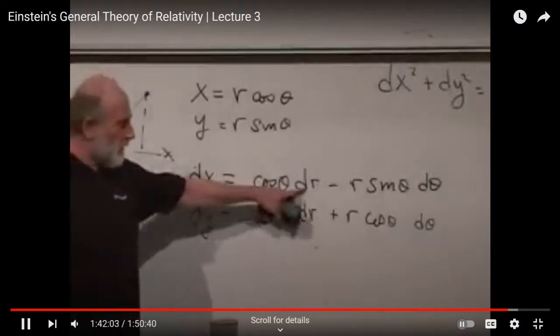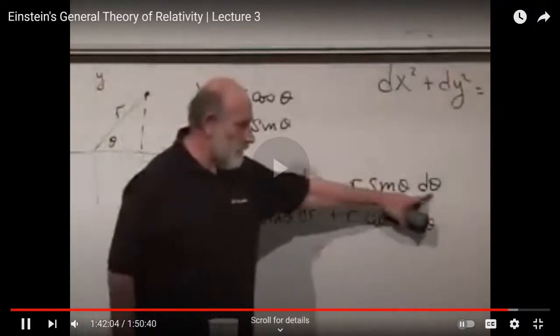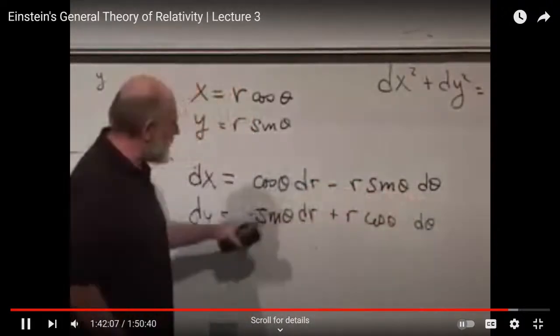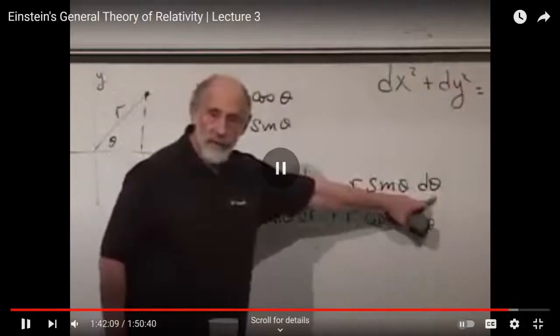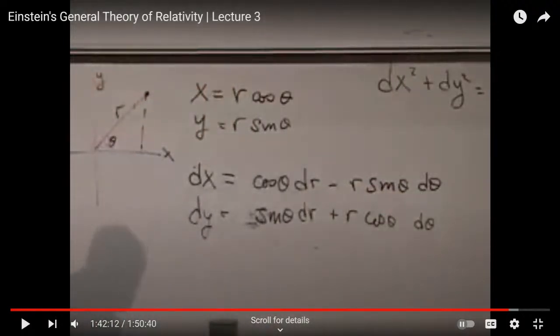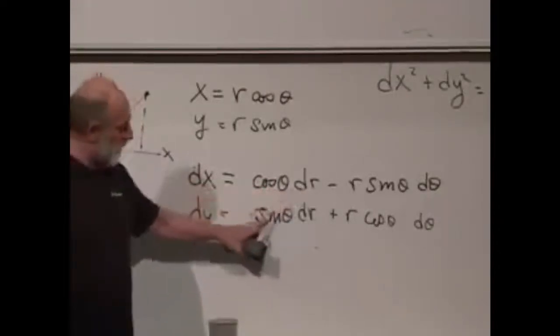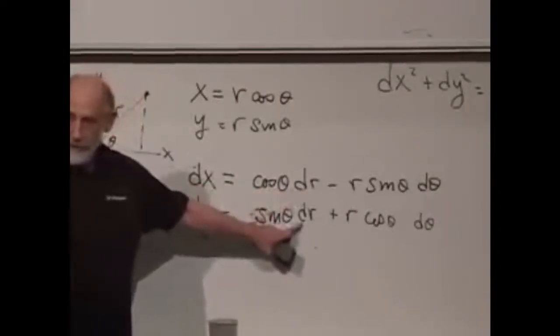I'm going to get things involving dr squared, things involving d theta squared, and things involving dr times d theta. Usually that's the way we deal with it, because the second-order terms we don't care about. You get one from here, cosine squared times dr squared, and one from here, sine squared dr squared.